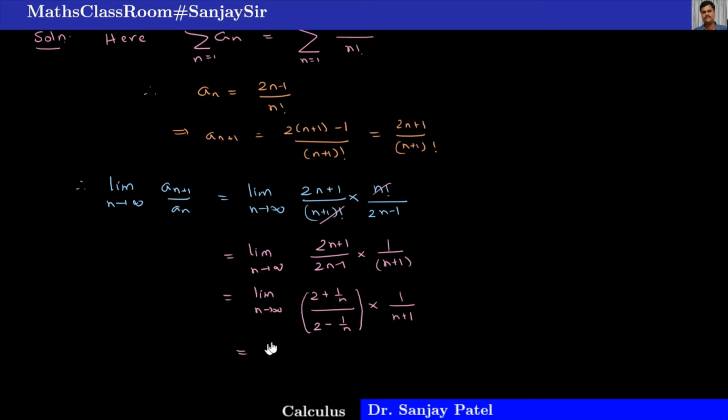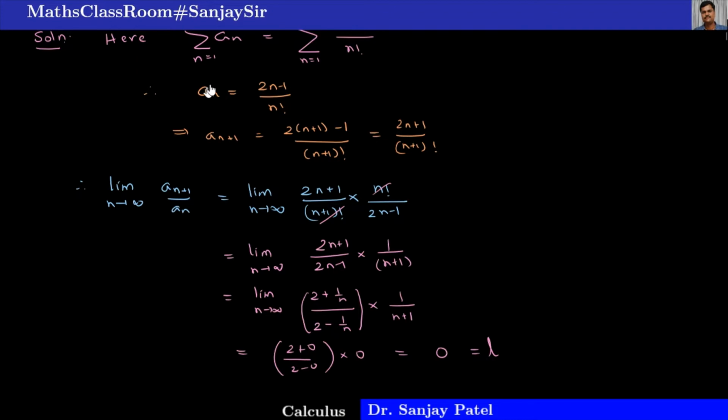Now taking the limit, we know as n tends to infinity, 1 upon n tends to 0. So these two terms tend to 0, and again 1 upon n plus 1 also tends to 0. So what you will get is (2 plus 0) upon (2 minus 0) into 0, which is equal to 0. And this is the value of the limit L.